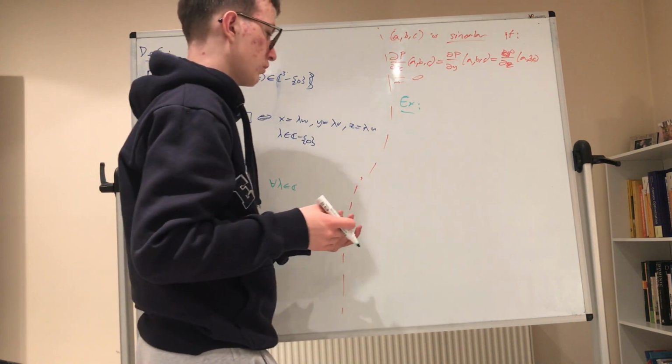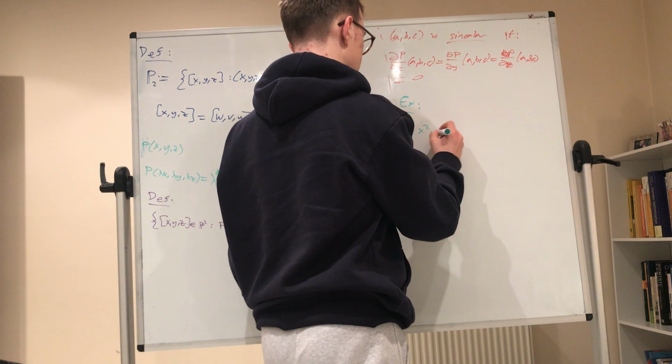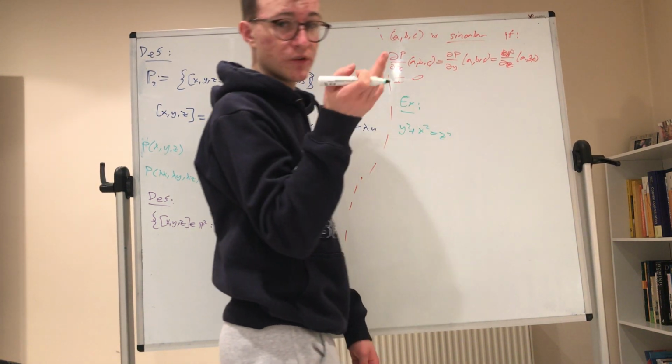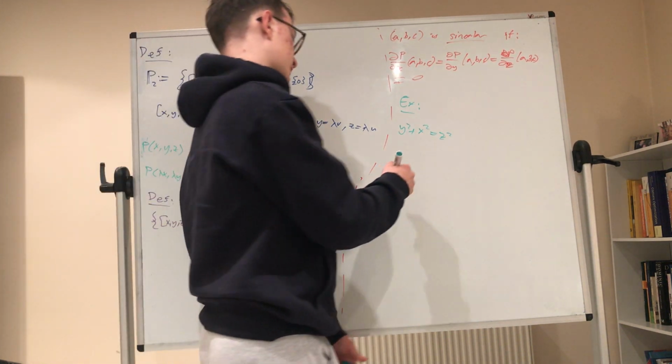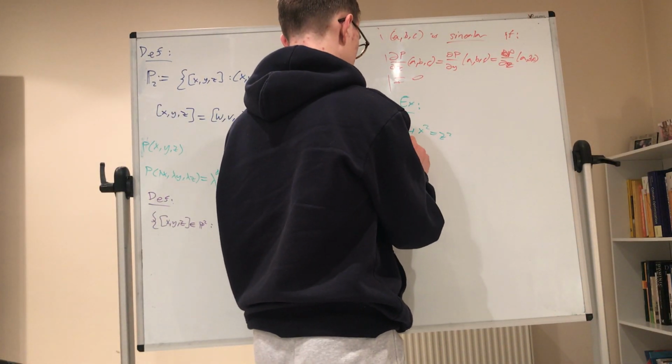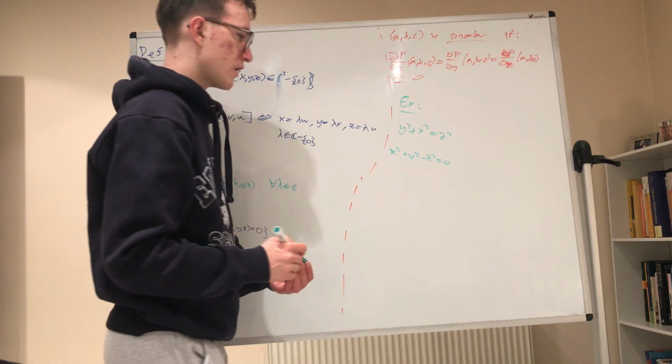So, for example, the curve y squared plus x squared equals z squared is non-singular. Because, okay, let's rearrange this: x squared plus y squared minus z squared equals 0, right?